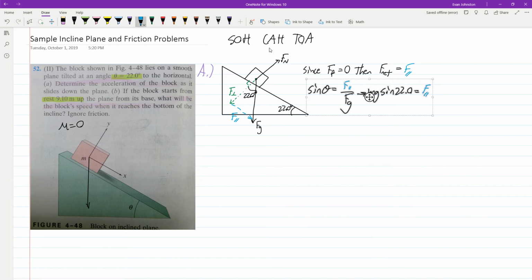And so again, the real trick that I did to get this last step is I just said that I know this Fg, I can just multiply it over right here. And I know that Fg, the force of gravity, is just mass times gravity, okay? Now, a neat thing to note is they did not give us a mass anywhere in here. So I have no idea what this m really is, which is kind of an odd thing. But we have an expression for this. Now, since our net force is this parallel component, we know Newton's second law.